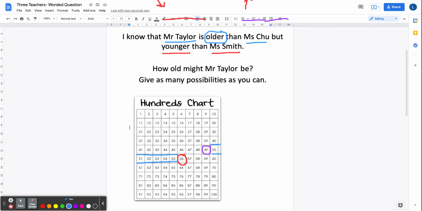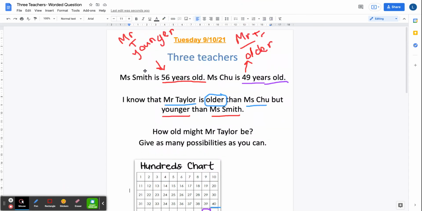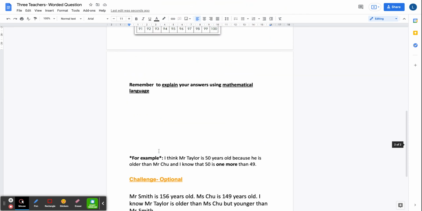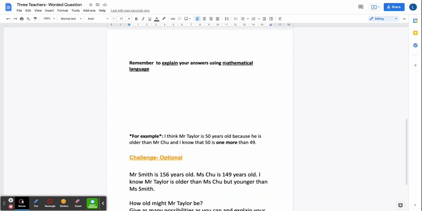That should give you a little bit of a clue. So if you're having a little bit of struggle understanding the question, maybe have a look at a hundreds chart and color in where the teachers are on the hundreds chart. So when you have your answer, it is really important to explain your answer using mathematical language.